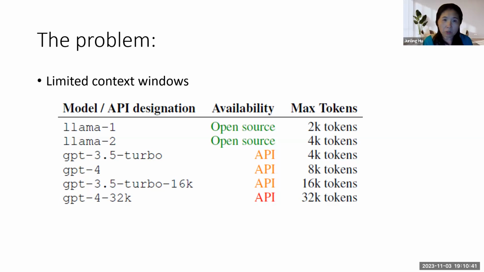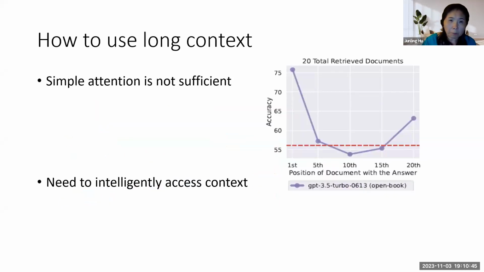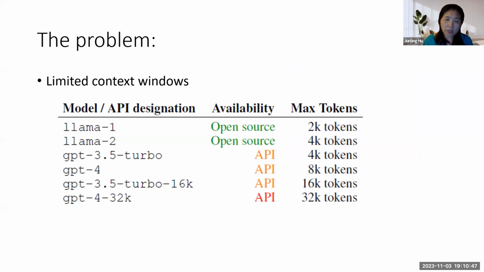That is what they propose. Another thing is they say that simply making the language model larger, with a larger context window, doesn't solve the problem we are facing.